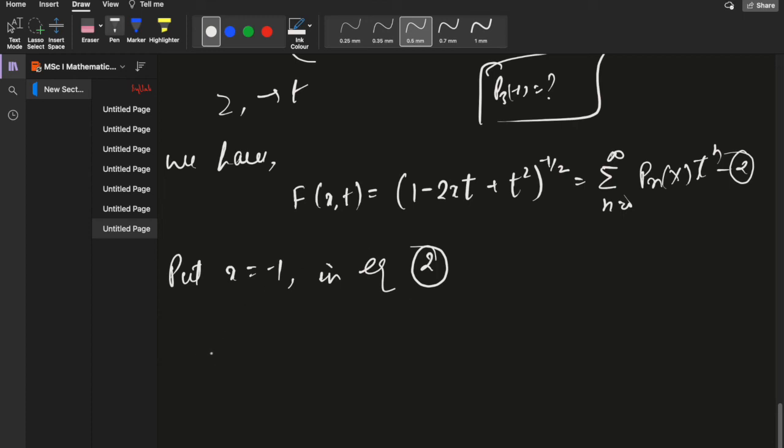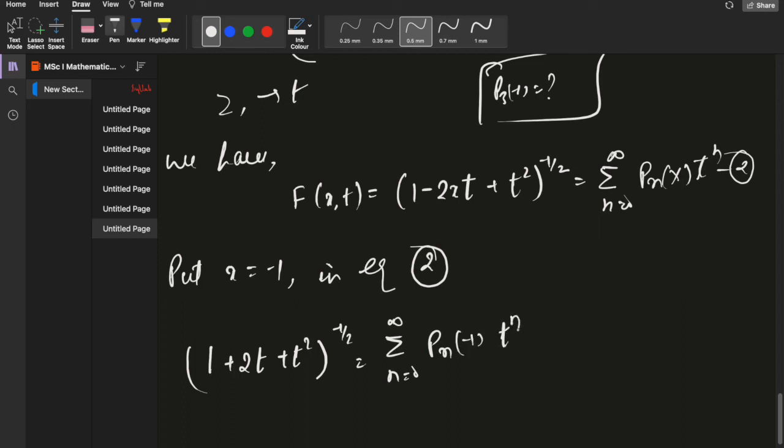So we'll have 1 minus, if I multiply minus 1 with this minus, this will give me plus 2t plus t square, to the power minus half, equal to the summation n tends to 0 to infinity P_n(-1) t to the power n.